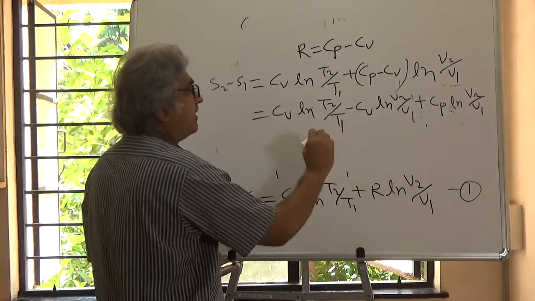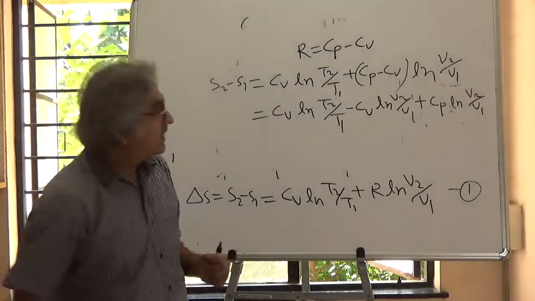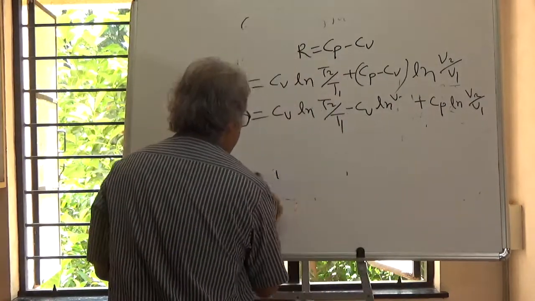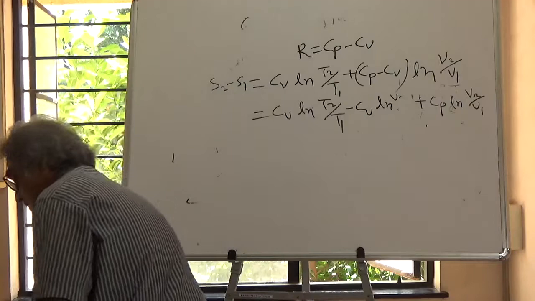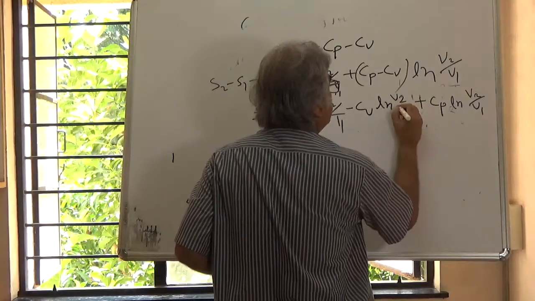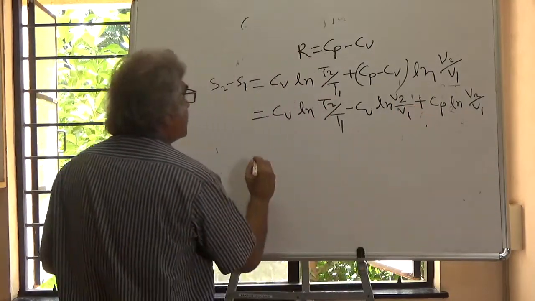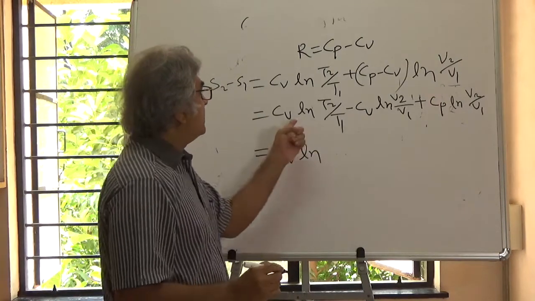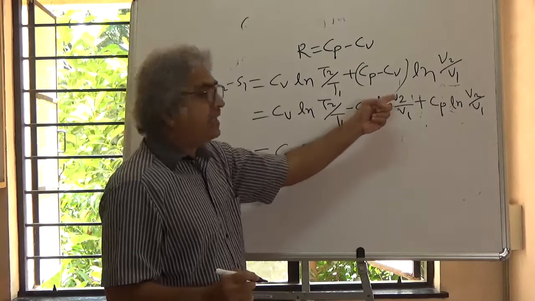I hope you can understand this. Please note what I am going to do: Cv ln T2 by T1 minus Cv ln V2 by V1.